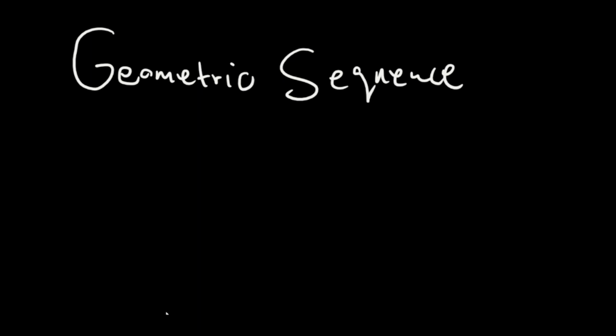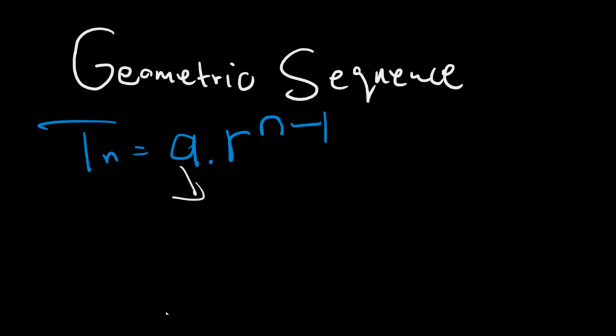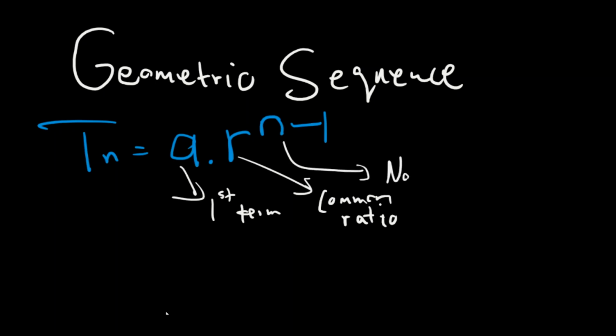This sequence has a general formula of Tn equals a multiplied by r to the power of n minus 1, where a is our first term, r is our common ratio, and n is our term number.